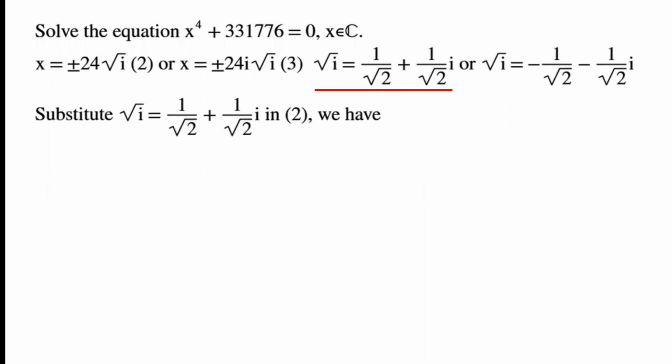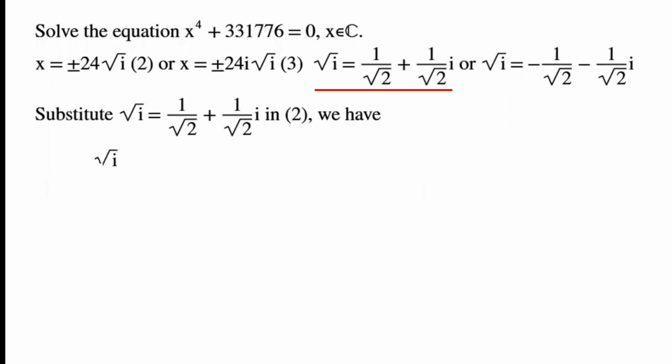Next, substitute root i equals 1 over root 2 plus 1 over root 2 times i in equation 2.